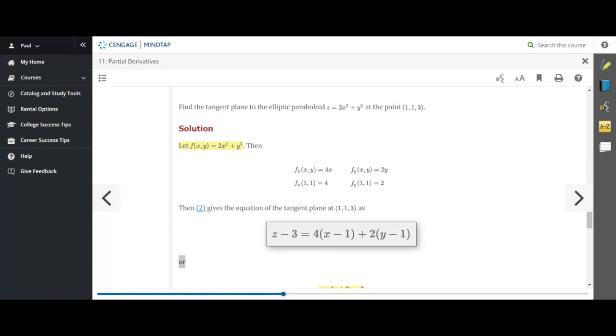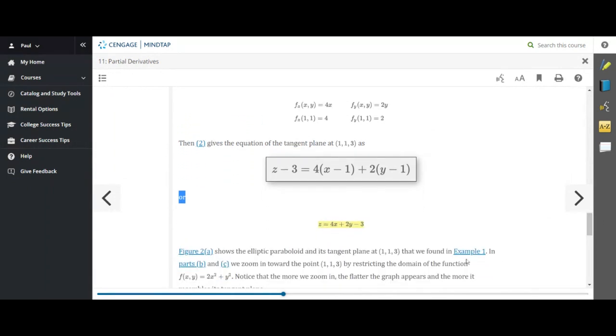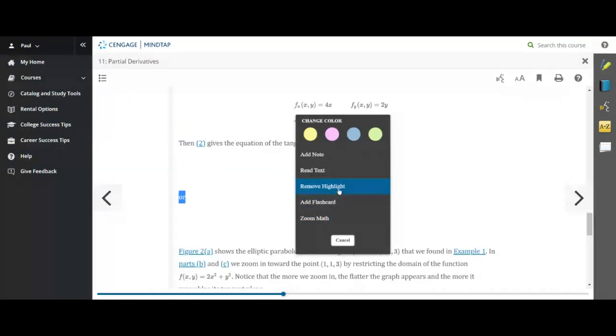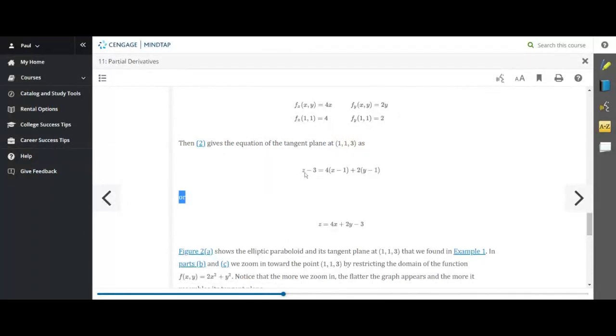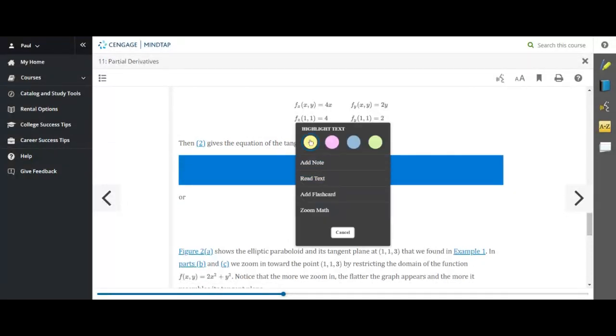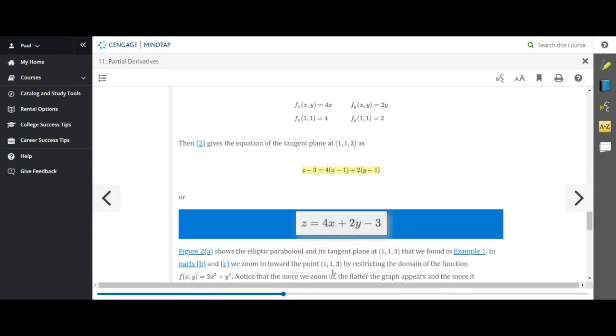And that tangent plane, hopefully there are no questions. This is the tangent plane, but you can write it simplified this way.